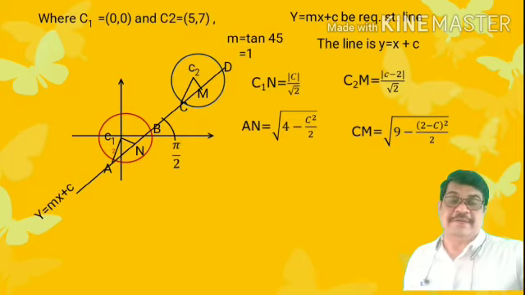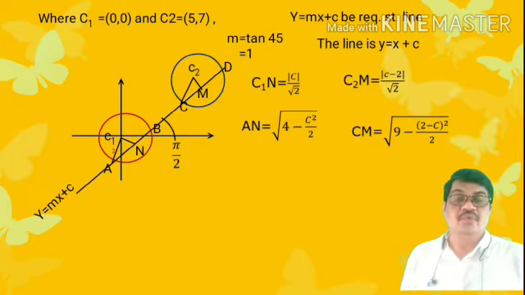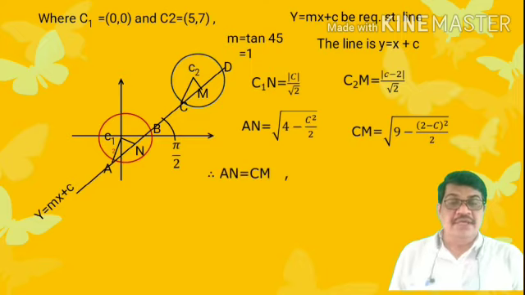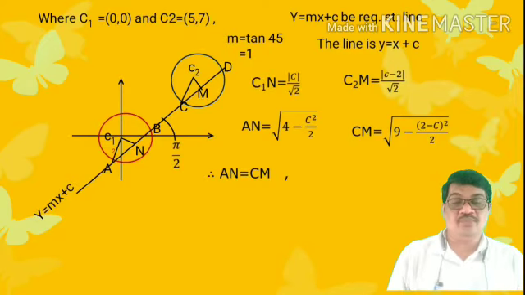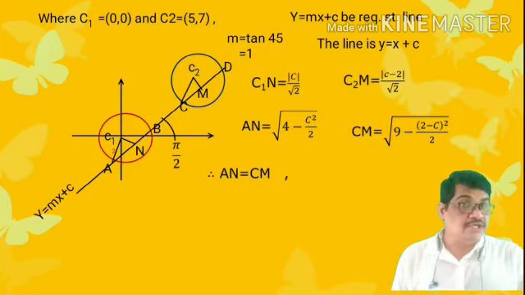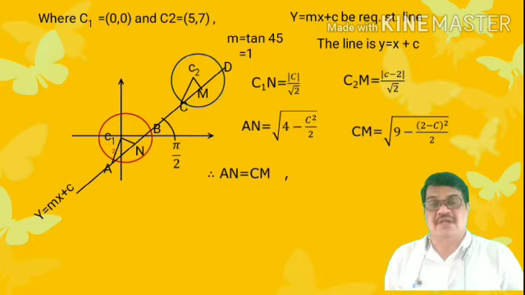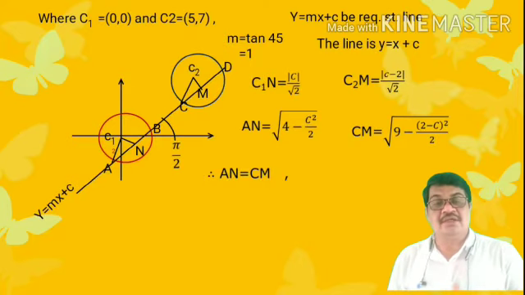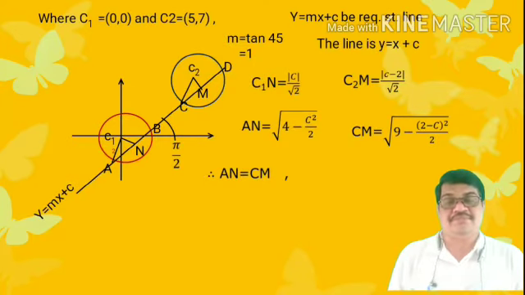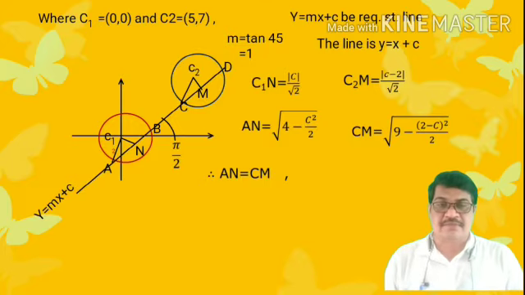This is CM. Next, AN is equal to CM. Why are these lengths equal? Because the line makes equal intercepts on the two circles. Here given that AB is equal to CD. These lengths of the intercepts are the same.